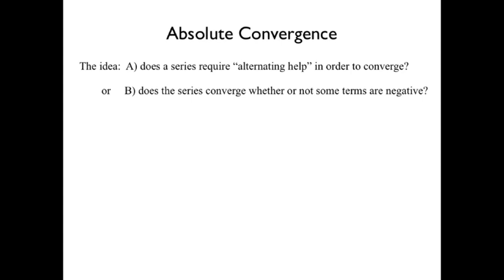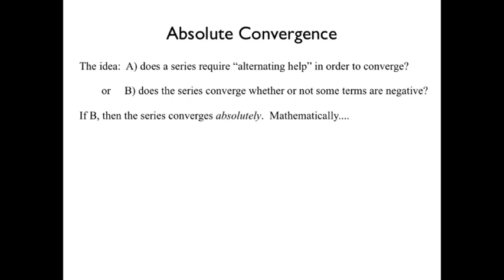So some series need the alternating help in order to get there, like the harmonic series, right? But other series could alternate or not, and they'd converge either way. That second category is what we call ones that converge absolutely. If it converges absolutely, it doesn't need the alternating help. Whether or not some of the terms are negative doesn't matter, it will still converge.